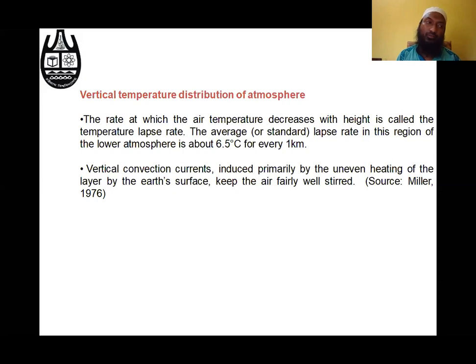They move the air and the gases, and this keeps the air fairly well stirred. We expect the gases to be very well stirred up, and they move, and this causes the convection currents.